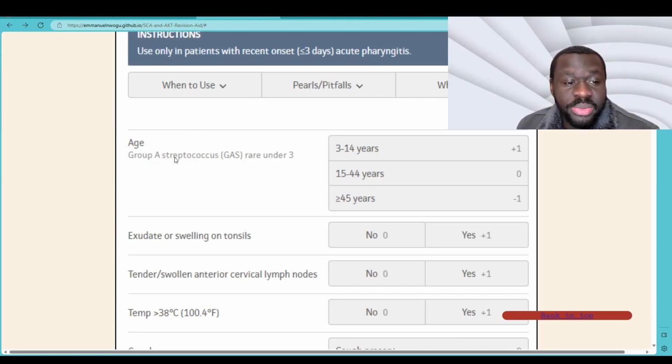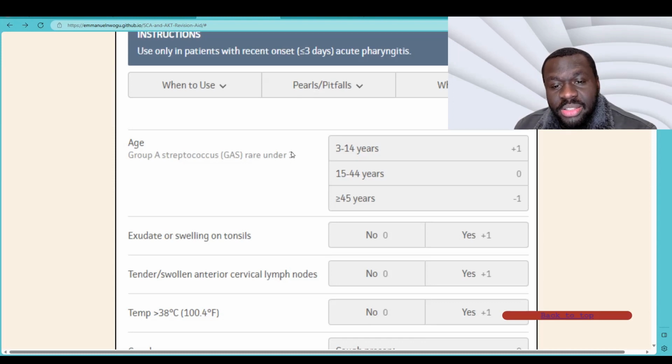The question that you need to be looking at is the age. If you look here, it says age: strep is rare under 3 years of age. So if a mom is with her child who is 2 years of age, with upper respiratory tract infection kind of symptoms, the child is complaining of sore throat, has a runny nose, painful swallowing, and a temperature as well, one of the things that might be reassuring is that strep is rare under the age of 3, but it's not impossible.